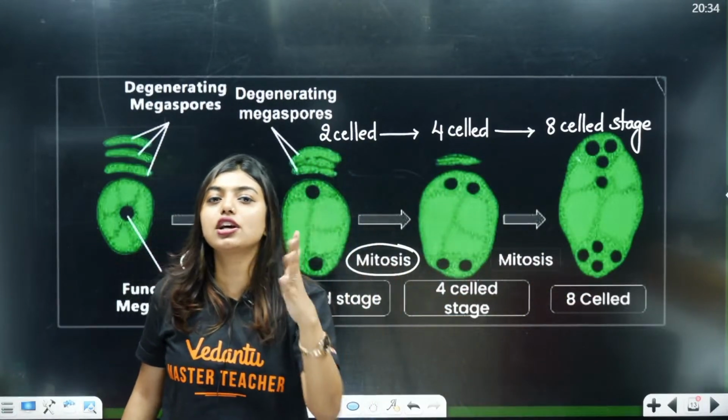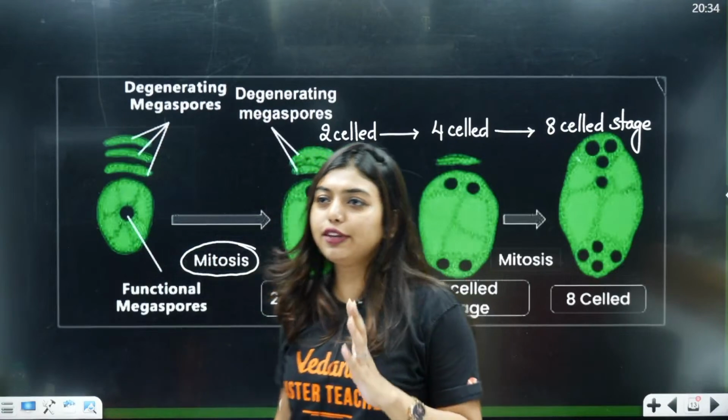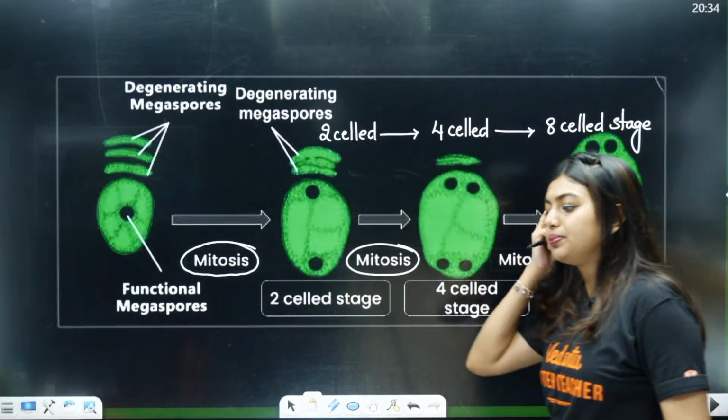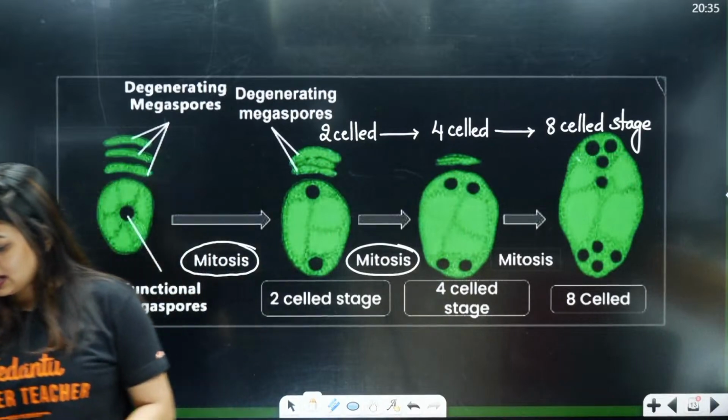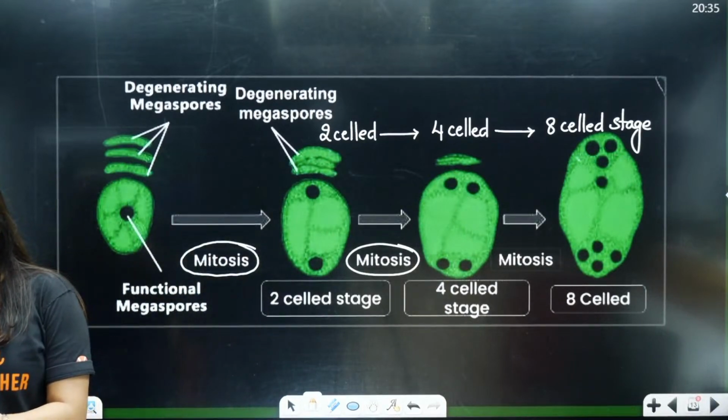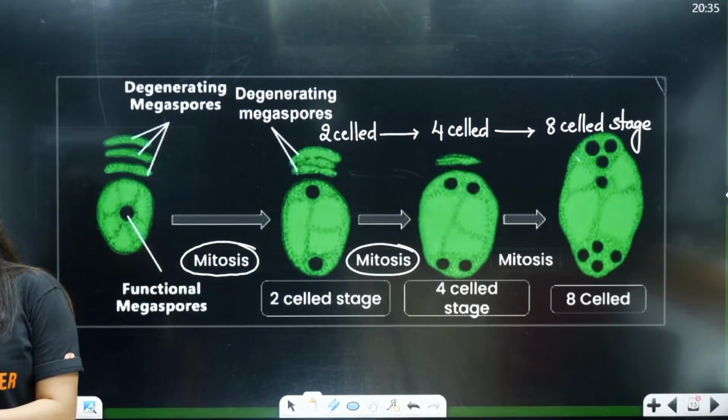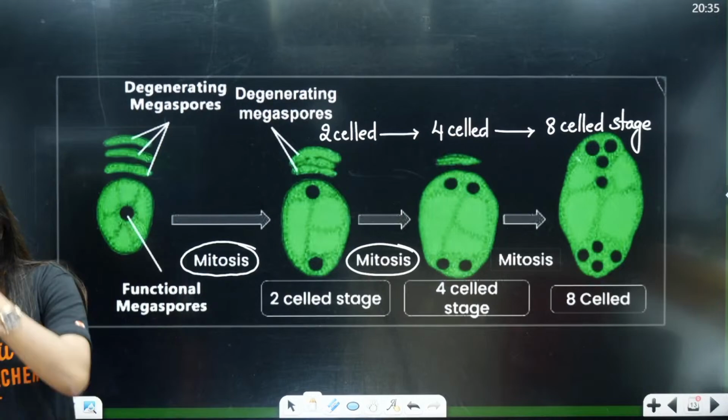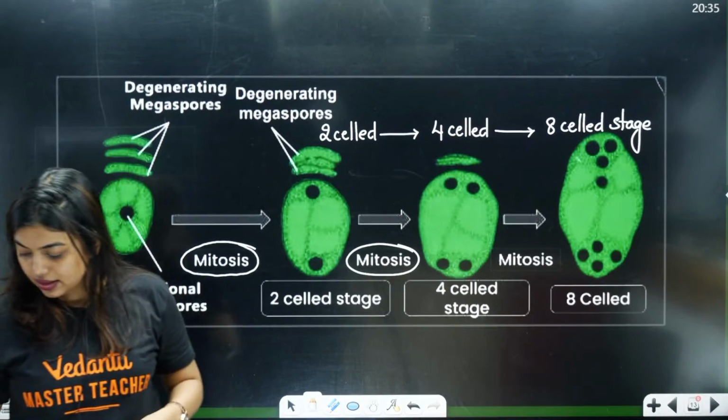Now students, can I ask you all a question? Are you all ready for one question? Yes or no? Tell me in the chat if all of you are ready for one good question which could have been asked in your exam.